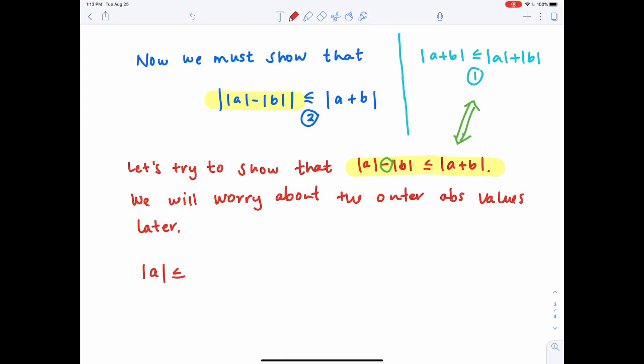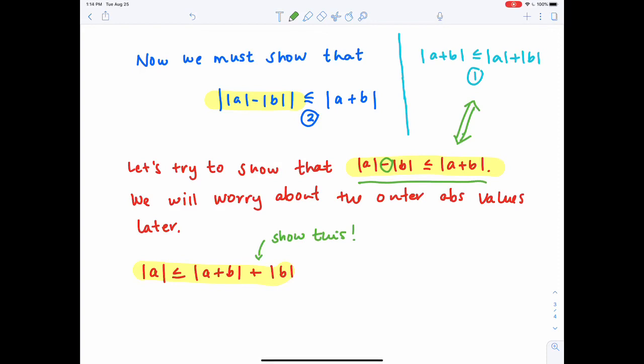So equivalently, I would like to try to show that the absolute value of A is less than or equal to the absolute value of A plus B plus the absolute value of B. So this new inequality, this is what I want to show. Because if I can show that, then rearranging, I will have shown the inequality that we are looking to show, our other highlighted inequality here.